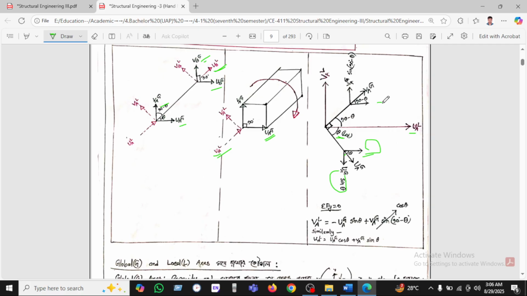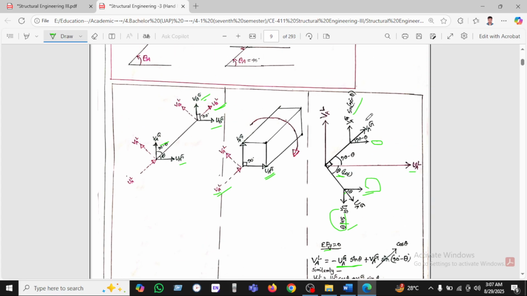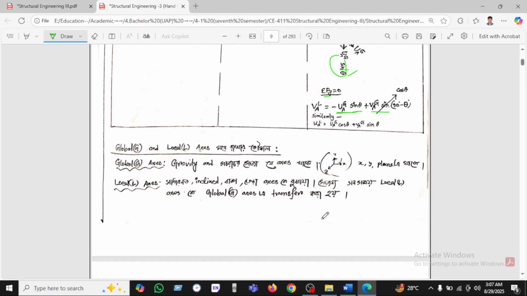The same, it will be cos and it will be sine. So that's why we will be taking the summation of Fy. This is the Fy. B minus UAG sin theta. This is negative, that's why minus UAG sin theta, and this is positive upward. So UAG sin 90, which we can replace sin 90 with cos theta. That's why taking the cos theta.